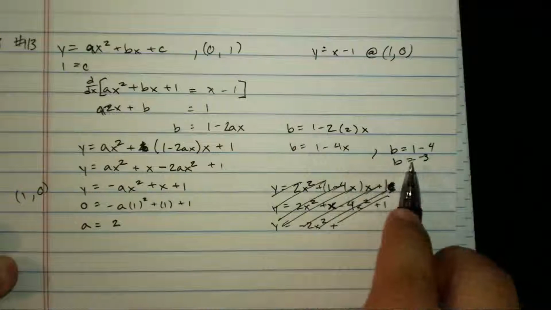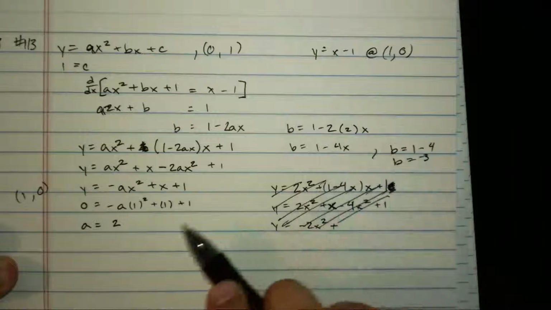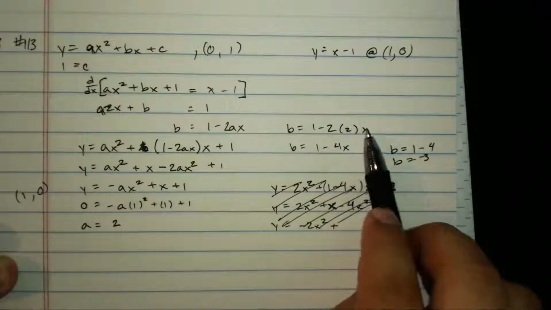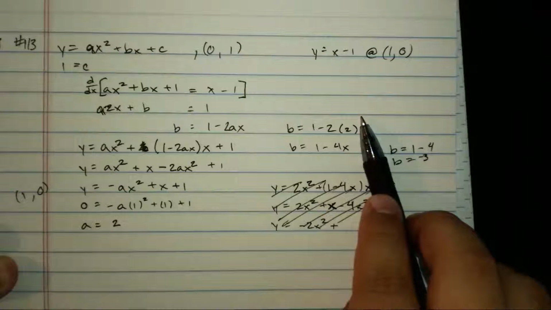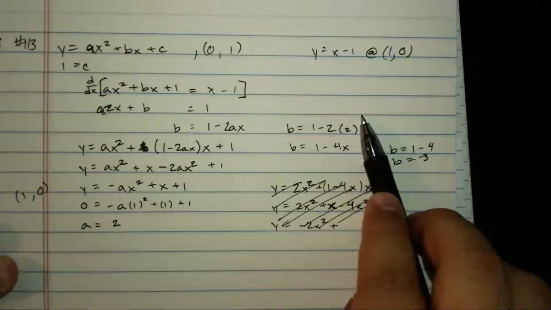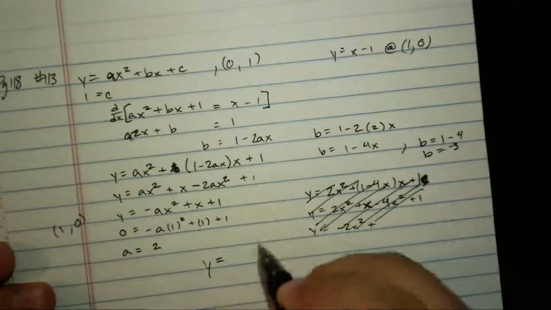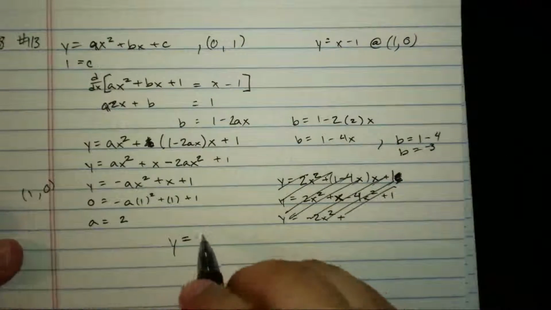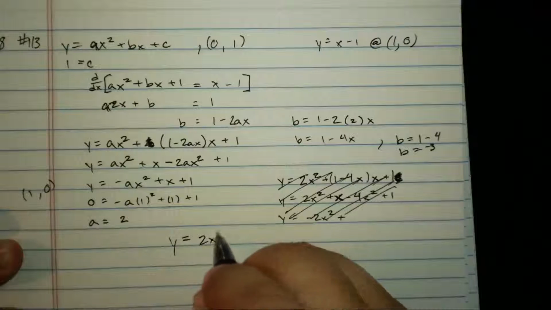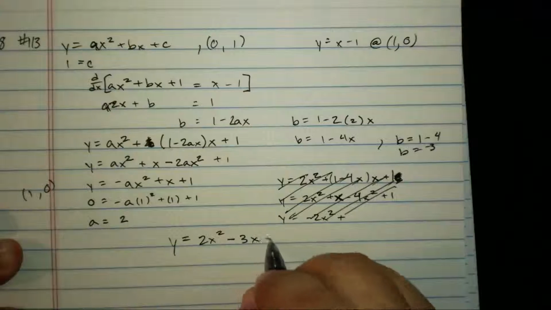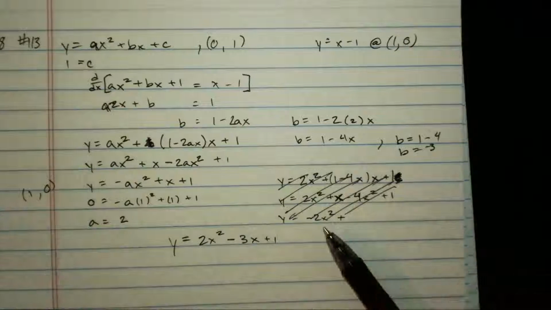Because then we would have said a is equal to 2, 1 minus 2 times 2. We wouldn't have to worry about this x because we already plugged it in. So it'd be 1 minus 4, which is b equals negative 3. So that's why you get y is equal to 2x squared minus 3x plus 1, right? Dumb.